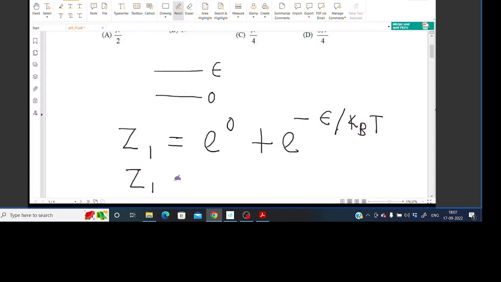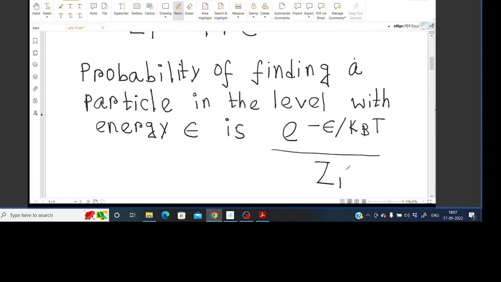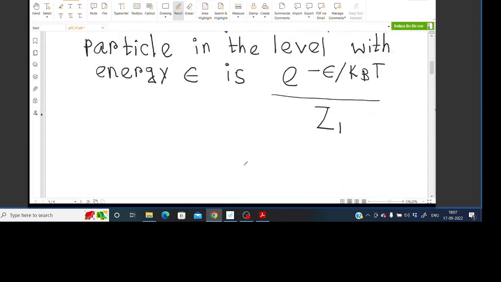So Z1 is equal to 1 plus e to the power minus epsilon by kBT. Now the probability of finding a particle in the level with energy epsilon is equal to e to the power minus epsilon by kBT by Z1. Here Z1 is equal to 1 plus e to the power minus epsilon by kBT.